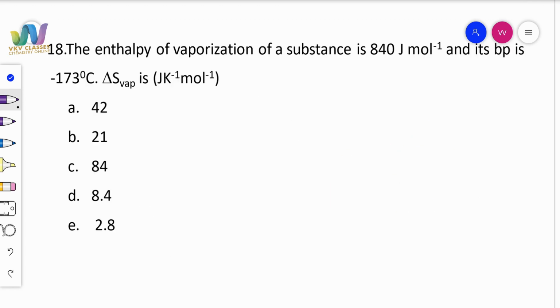The enthalpy of vaporization of a substance is 840 joules per mole and its boiling point is minus 173 degree Celsius. Delta S vaporization is, so delta S is equal to delta H by temperature.